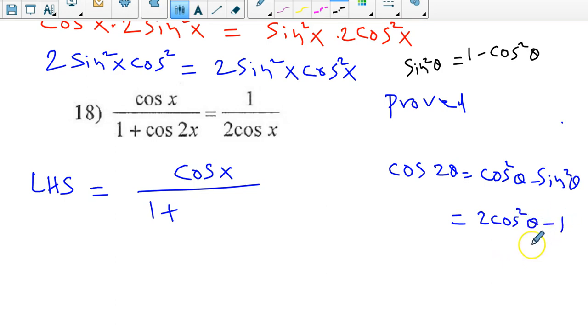This is another way of writing cosine 2 theta, right? It is a double angle formula, you know. So cosine 2x can be written this way, just theta becomes x.